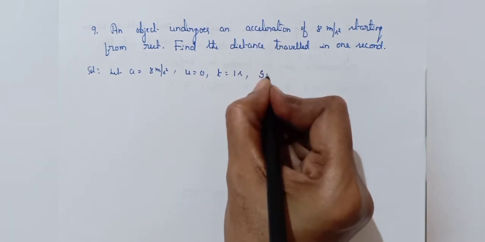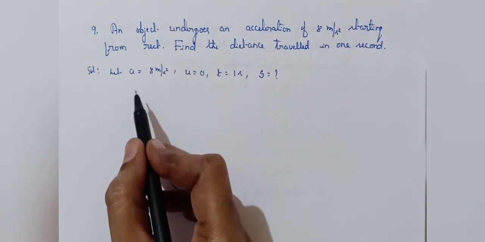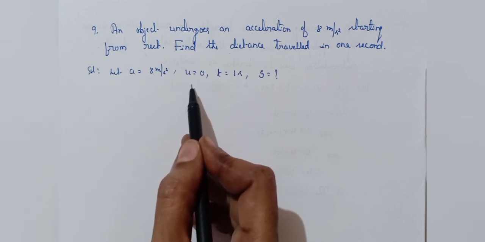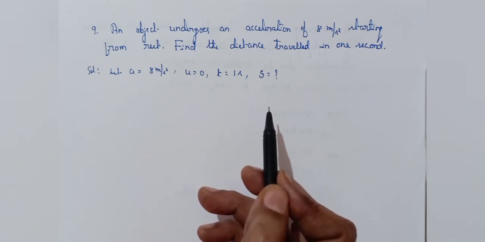Here the acceleration is given, the time is given, and the initial velocity is 0. You have to find out the distance travelled.